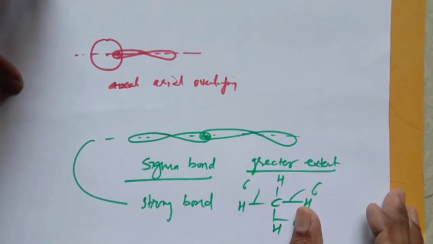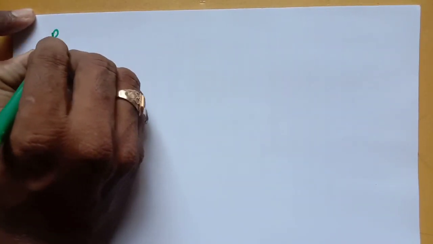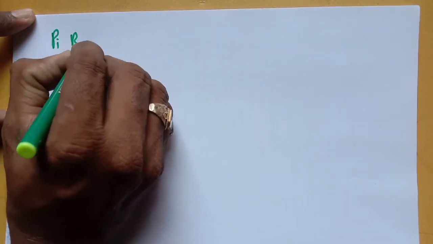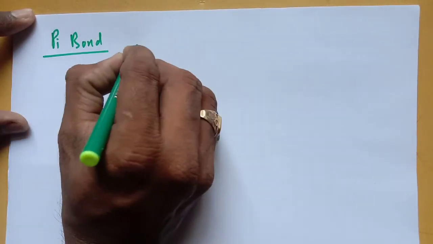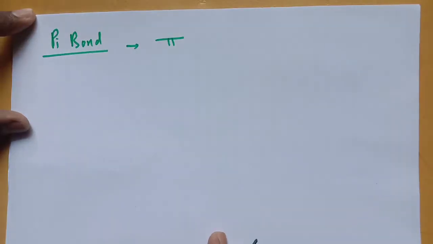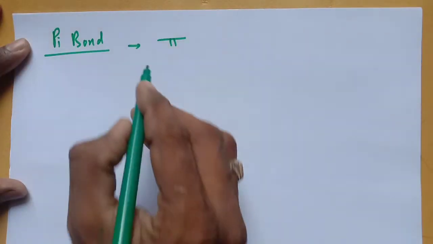Next, the second bond that we have to discuss is called a pi bond. Pi bond is represented by this sign called pi, and see the definition.